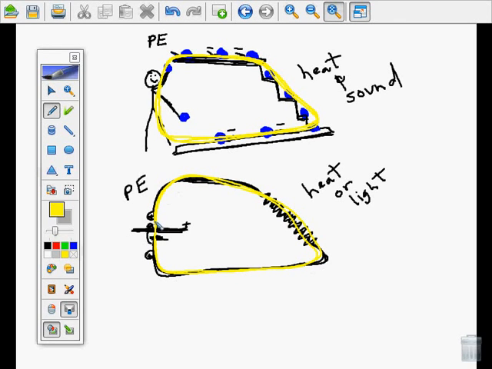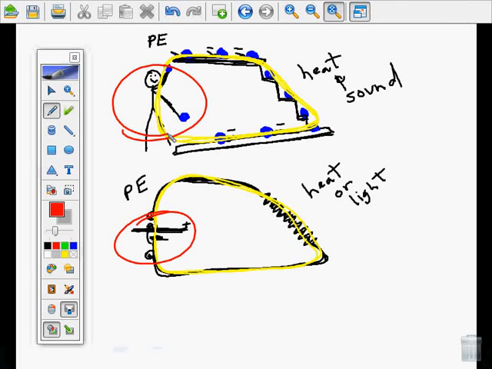And two, you need an energy source. And when we're studying circuits, the energy source is called the EMF.